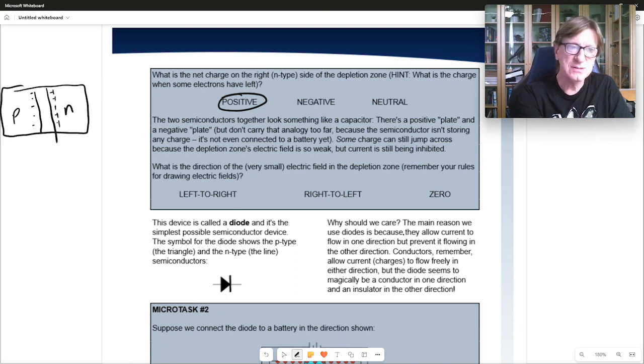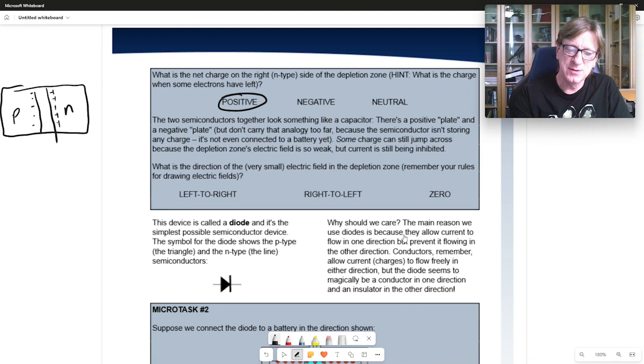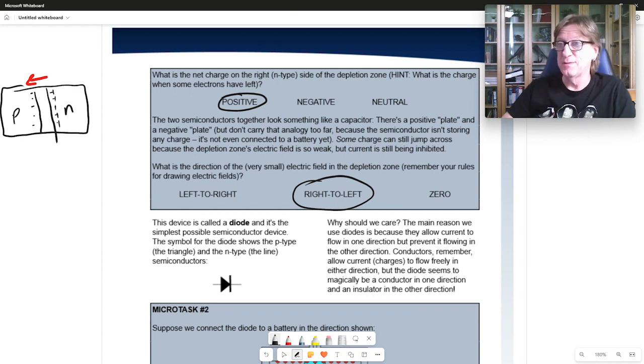They've jumped across and filled in some of these holes here. So what would my electric field look like in that case? Well, our field lines always go from the positive to the negative, and so, following Faraday's rules, they're going to go right to left. So I have a very, very tiny electric field inside there.